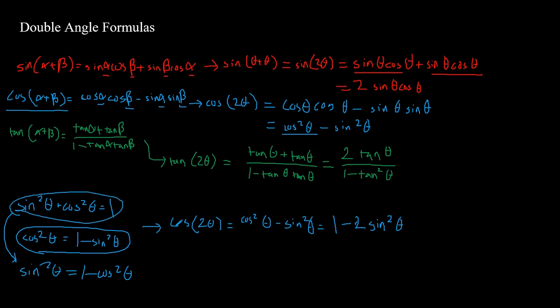So we can also write cosine 2 theta as cosine squared theta minus parentheses 1 minus cosine squared theta.